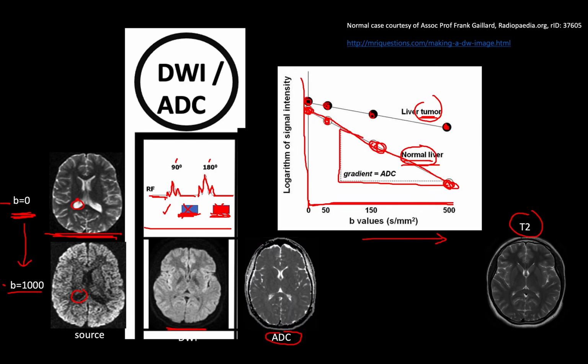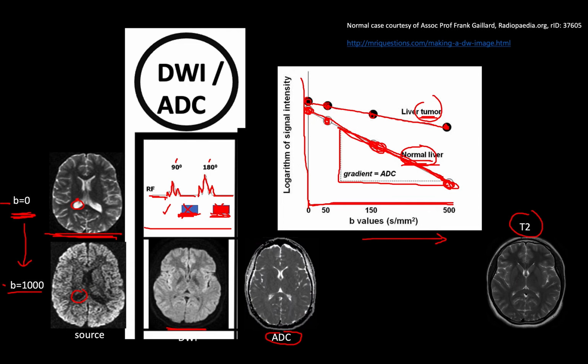Is it the normal liver, this sloping line, or the liver tumor, this sloping line? Notice that it's the normal tissue which gives you a steep slope. When the MRI machine detects that a tissue has a steep slope of signal loss on increasing B value, it's going to show it on the ADC map as something bright.